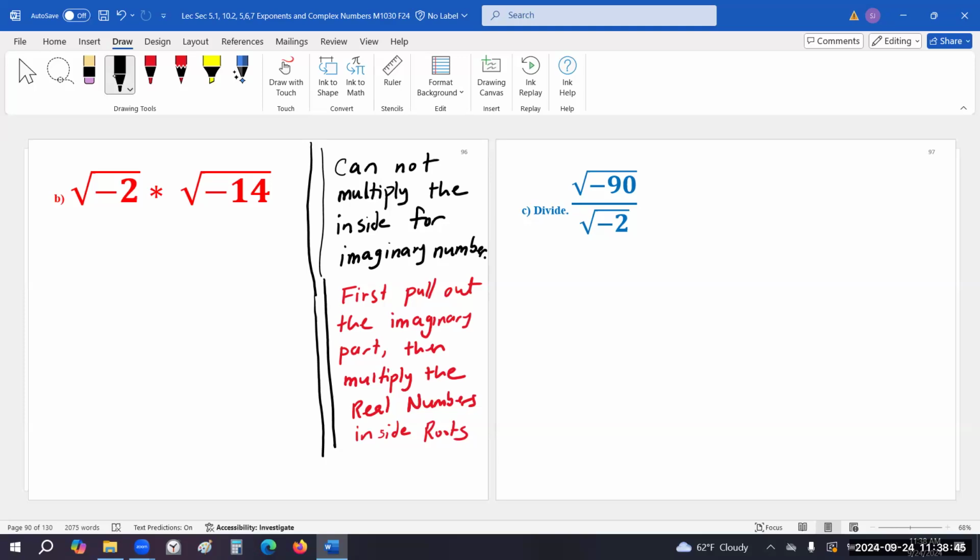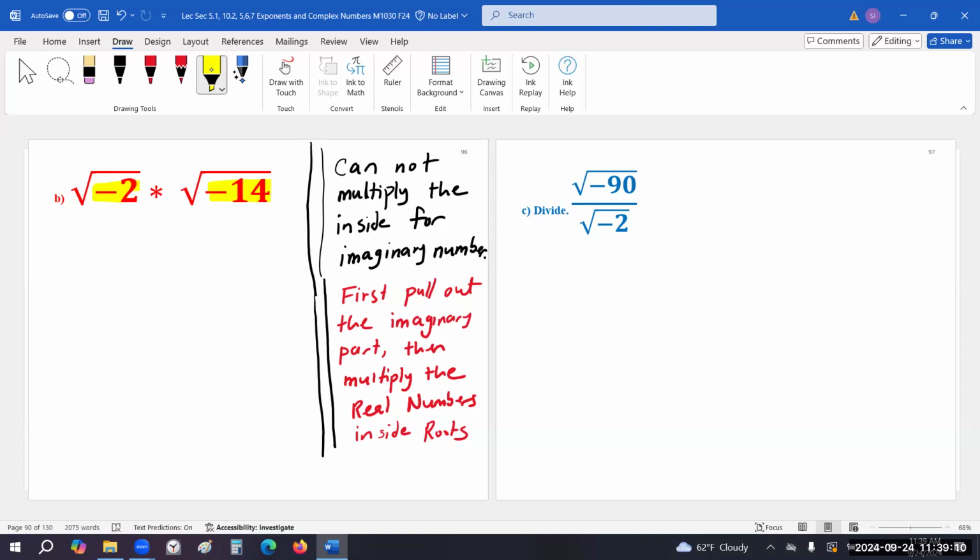Alex, what did you do? Your first step. I knew it. Most of you are going to multiply -2 with -14. Most. I said most. See, it's wrong. You cannot multiply because it's not a real number.